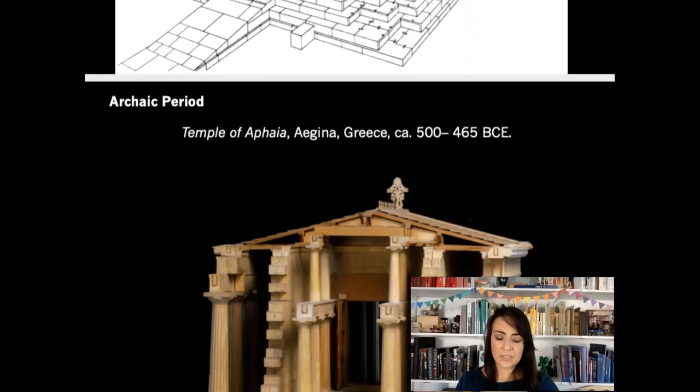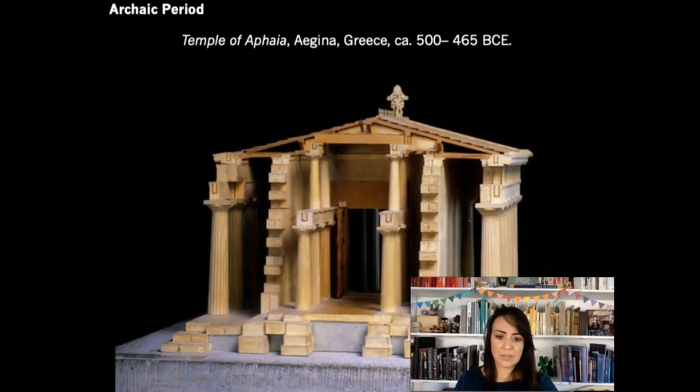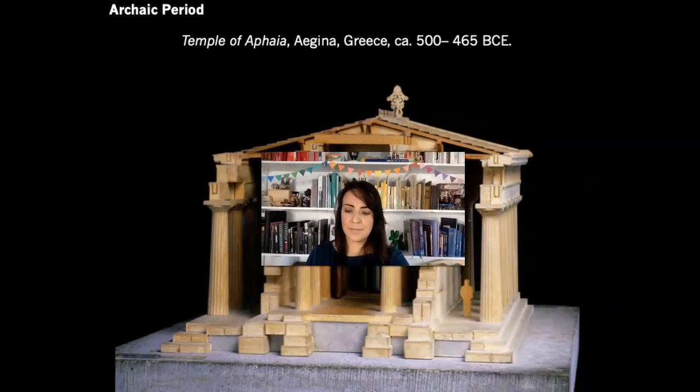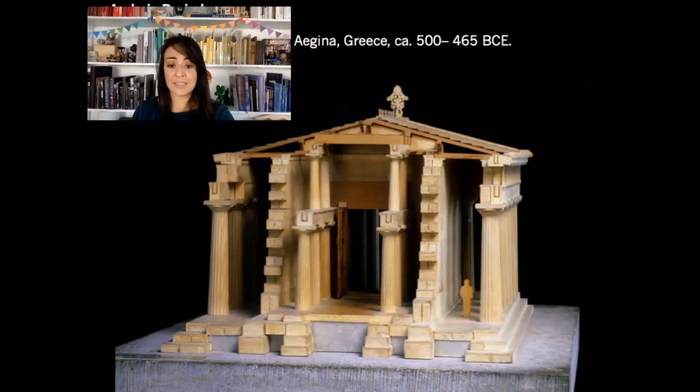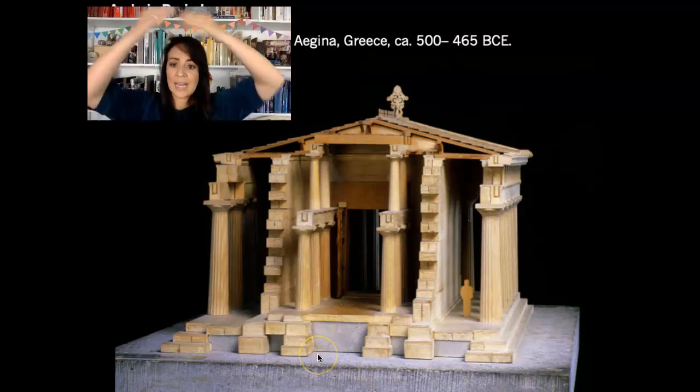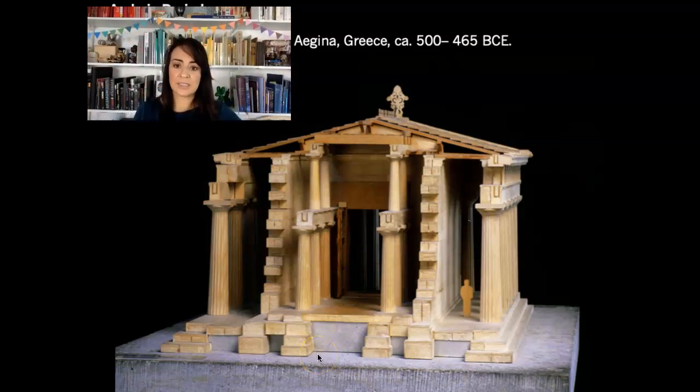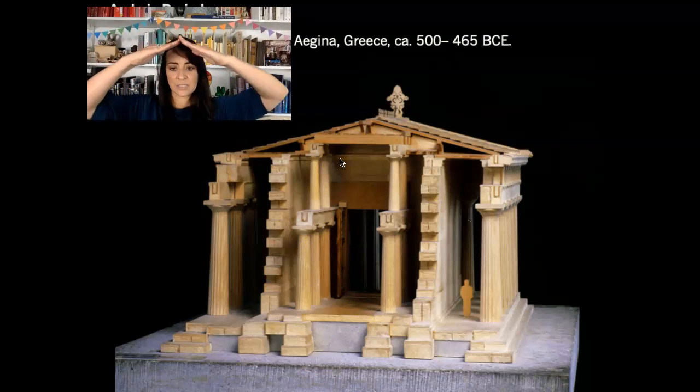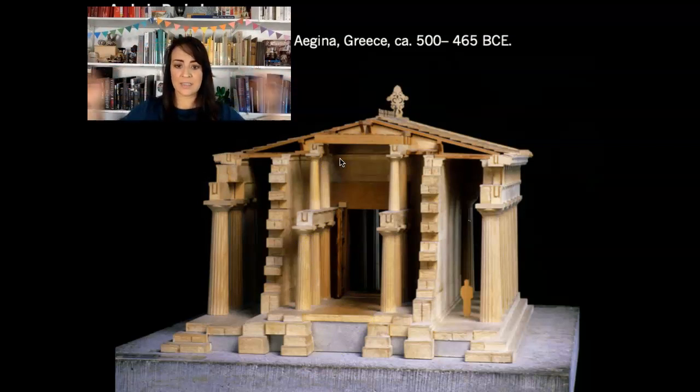But first, let's look at this model of it to look at the inside. So this model here is showing you the sense of size or scale with a human figure here. And then it's been cut in half to show you the interior. So you see the pitched roof, it comes down and extends over the outside of the building.